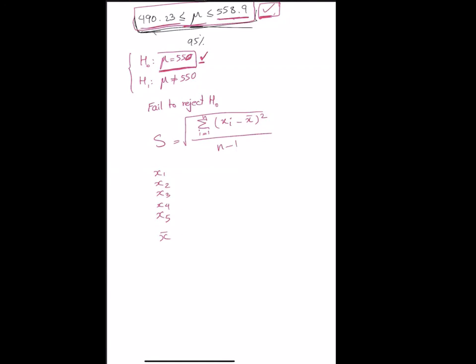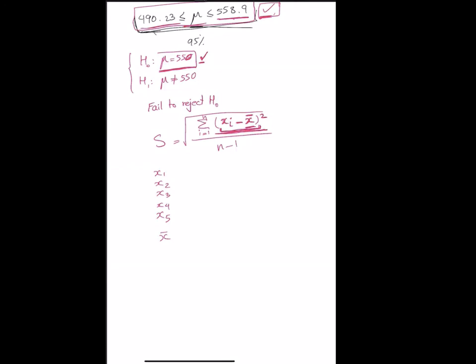Remember, the standard deviation or variance is a measure of spread around the mean. This is the mean of the sample, x bar. When I deduct x bar from each of these sample values, I look at how far each one of my sample values is from the mean. And I raise it to the power of 2 because all that I care about is how far they are from the mean.